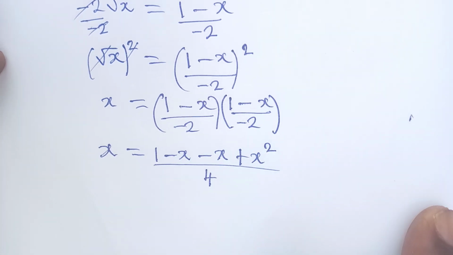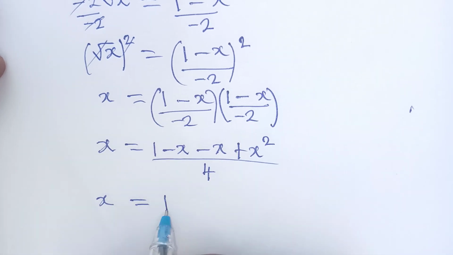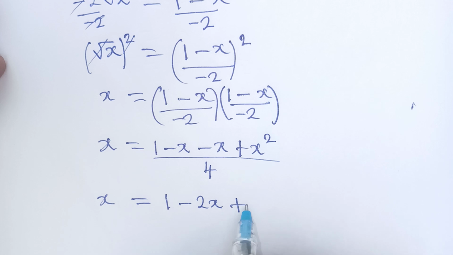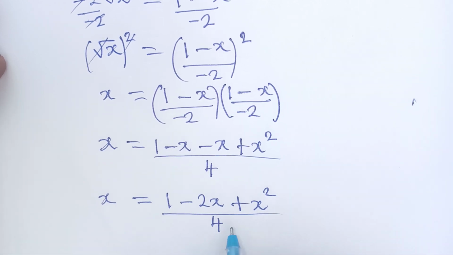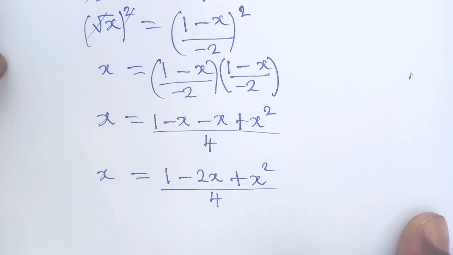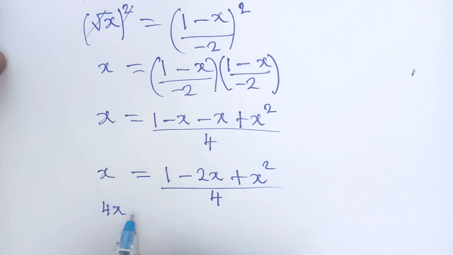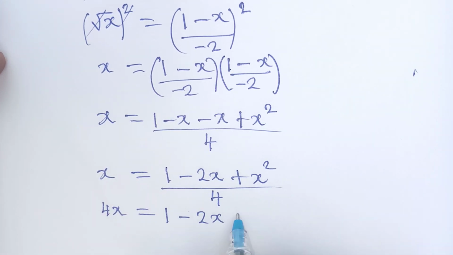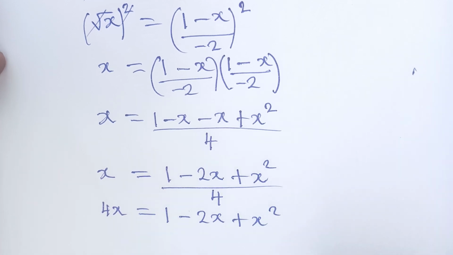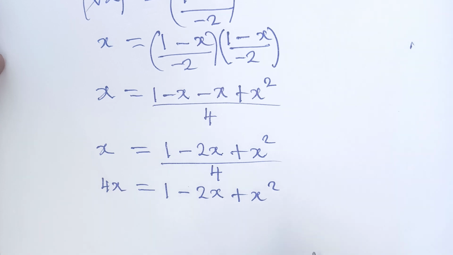Now the next thing is this, we have x to be equal to 1 minus 2x plus x squared. This is all over 4, right? And then what I will do again is to cross multiply, so that 4x will be equal to 1 minus 2x plus x squared.